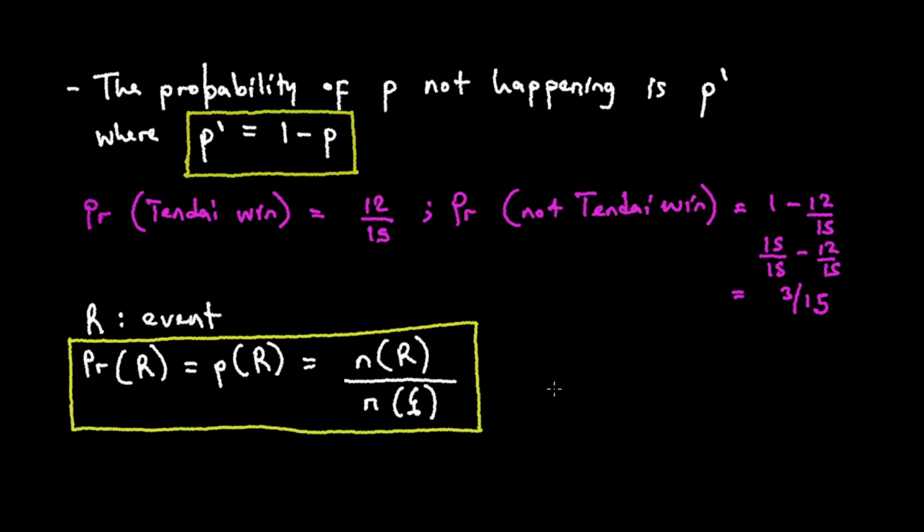Example 2. A letter is chosen at random from the alphabet. "At random" is a very, very important phrase in probability theory. At random means there is no bias.